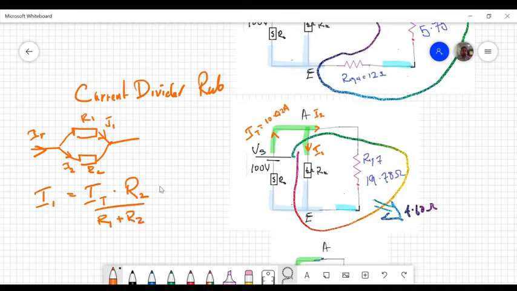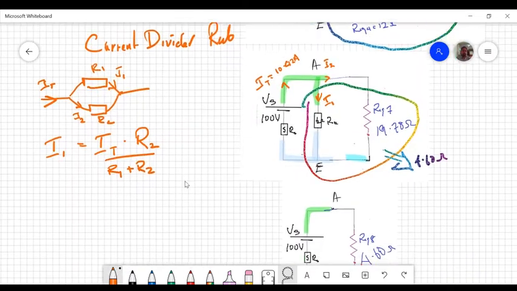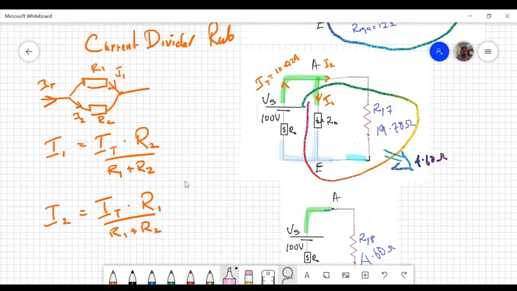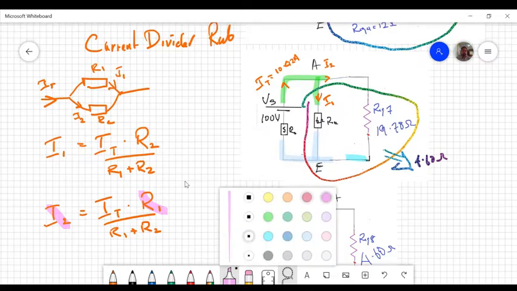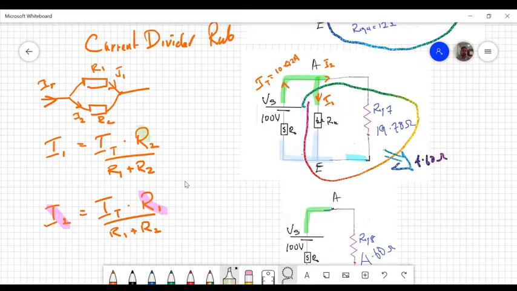And similarly, I2 is equal to IT times R1 over R1 plus R2. Notice this and this. They're not the same. Similarly, notice this and this.